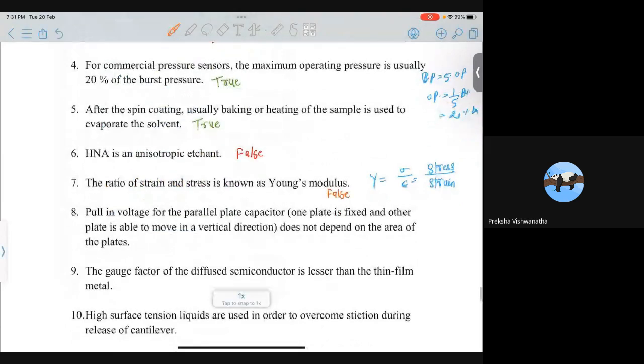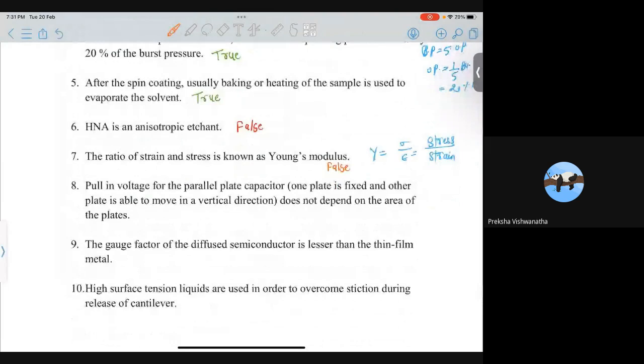Now we'll move on to the eighth question, which is: the pull-in voltage for the parallel plate capacitor where one plate is fixed and the other plate is able to move in a vertical direction does not depend on the area. So first we'll write what is the value of pull-in voltage.